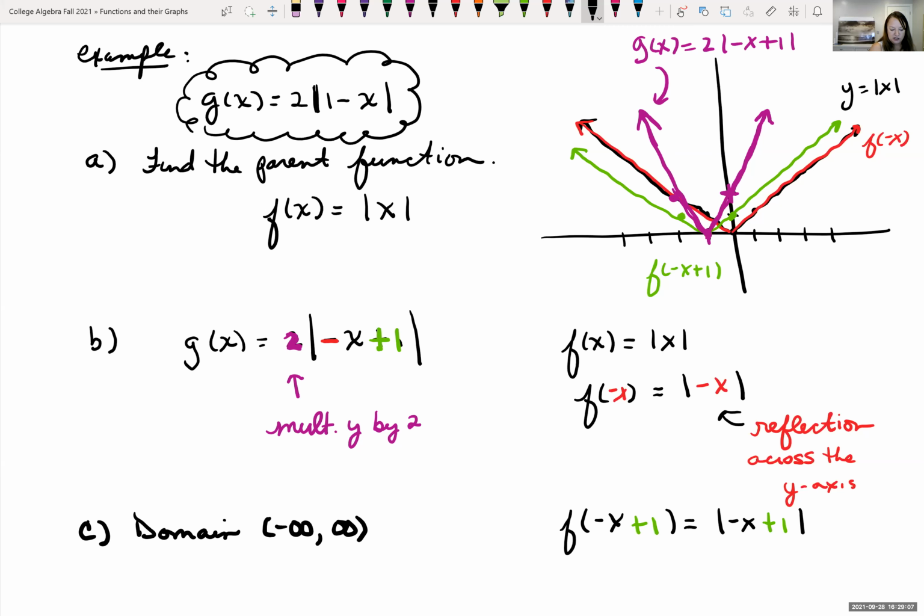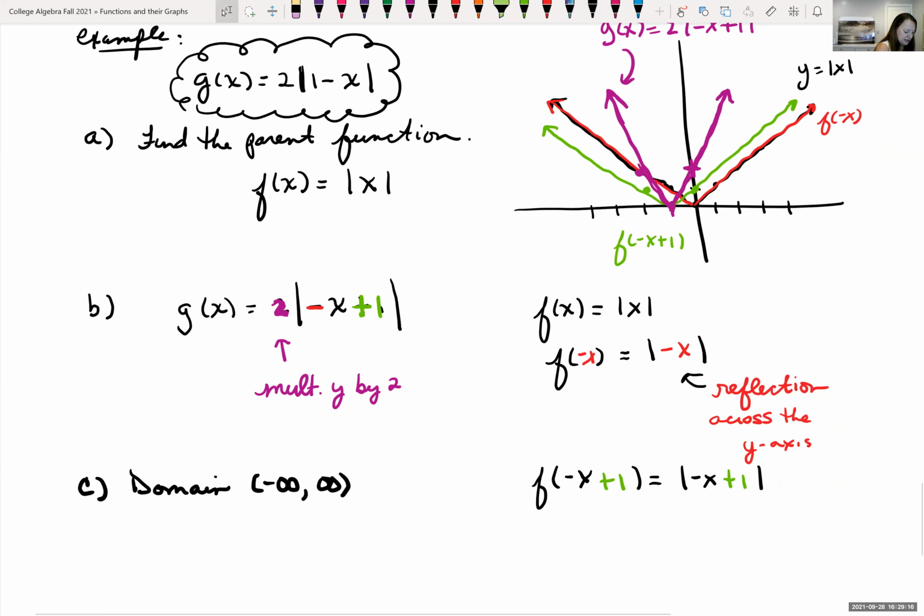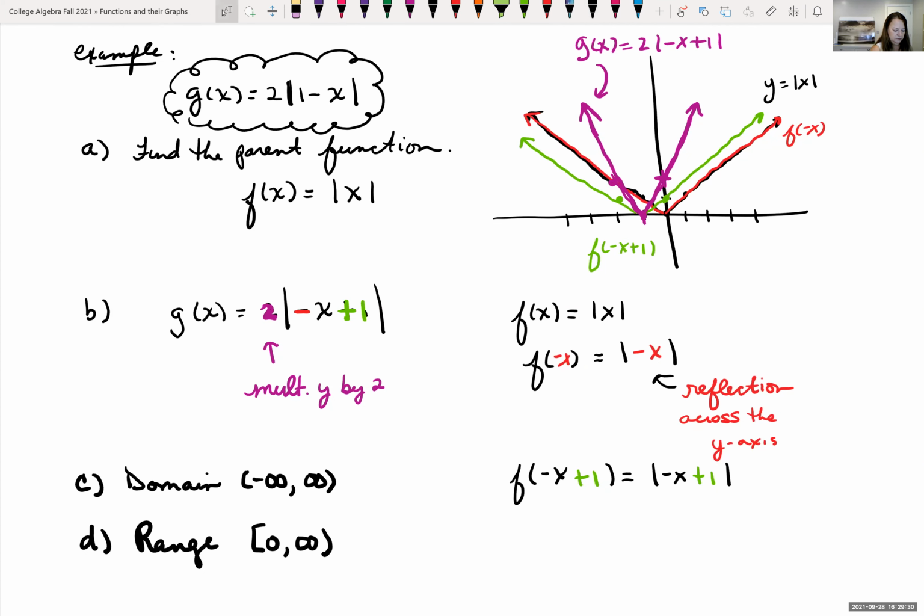My range of my original function, absolute value of x, the parent function is from 0 to infinity. And if I look at the range here, it's also from 0 to infinity. So that is the last section we're covering in our book, chapter 3, which is 3.5.